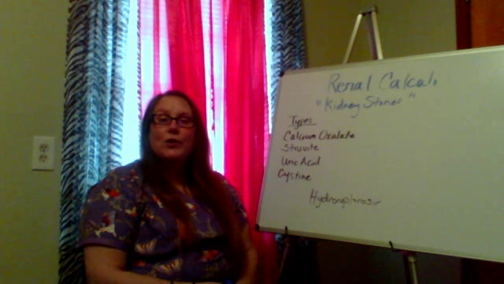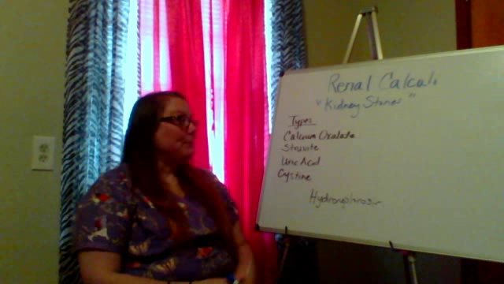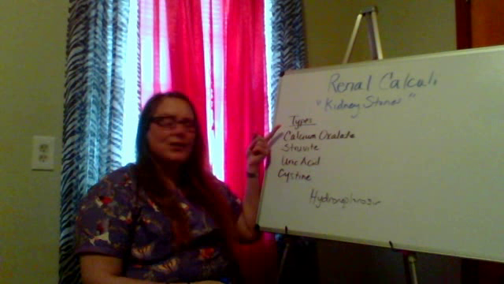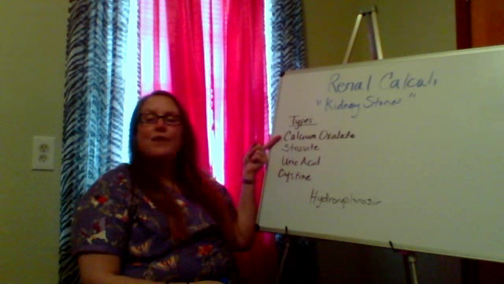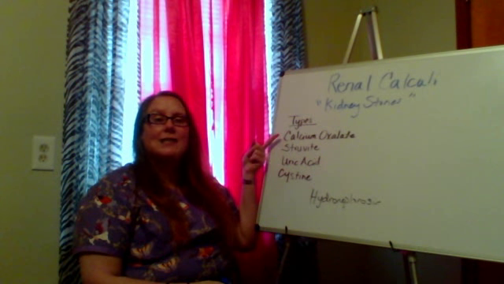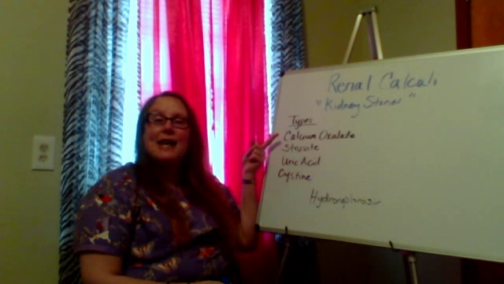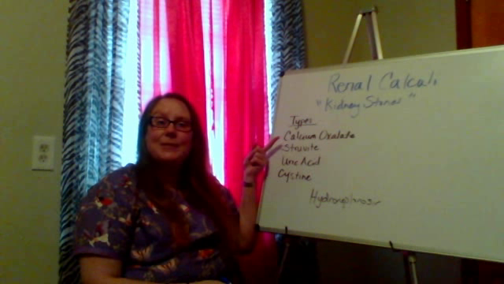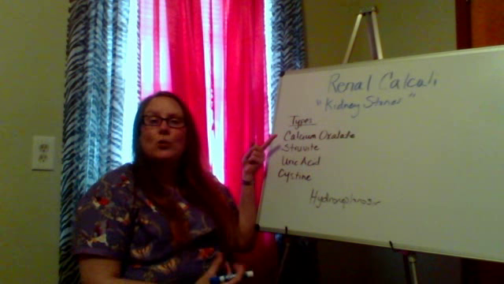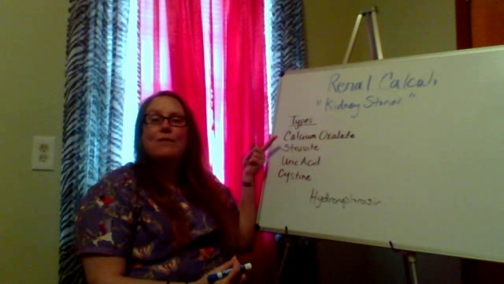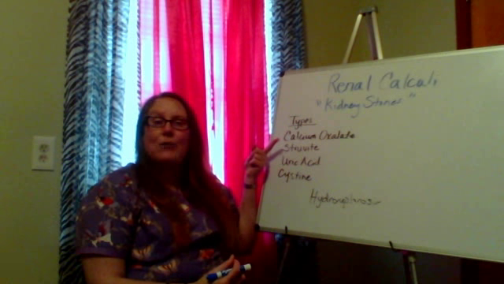So what we first want to talk about today are the different types of stones, and there are several. The first is called a calcium oxalate stone, and it's exactly what it says it is. It is a stone composed of calcium deposits that crystallize and can form an obstruction in the urinary pathway.